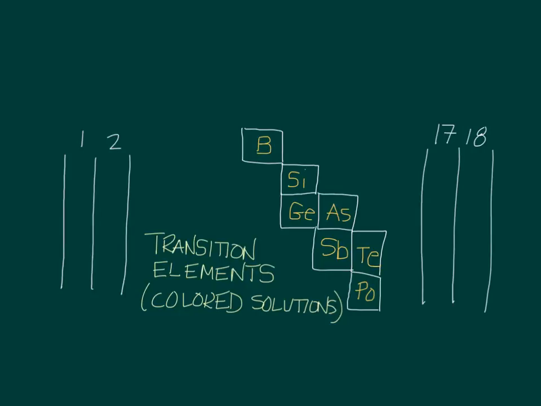A couple of things that you have to know. You have to know that group 1 is called the alkali metals. And you have to know that group 2 is called alkaline earth.